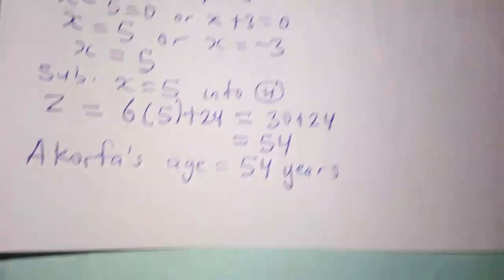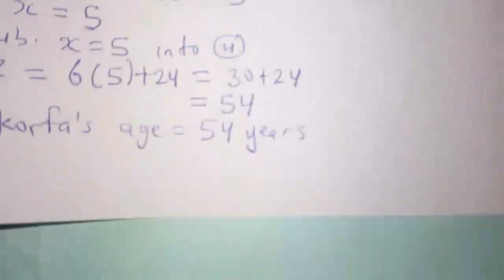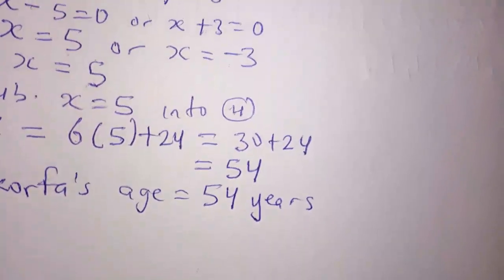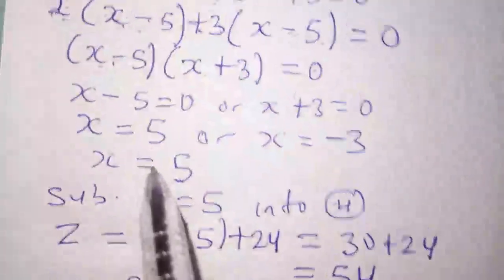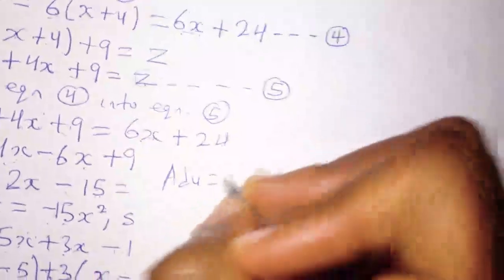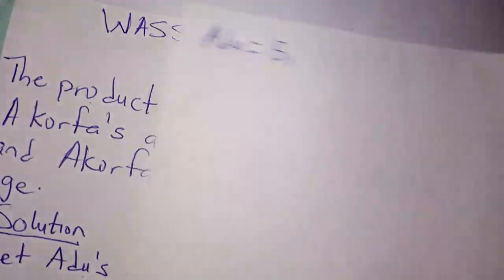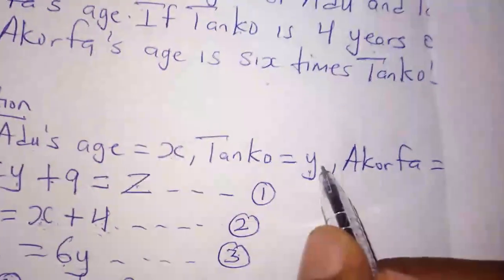And the good news about word problems is that you can confirm if what we did there is correct or not. How do we do that? Now I'm done with what I'm supposed to do here. Now let's quickly do a rough work. We already got that Adu's age now is 5. So Adu is 5. That's x. Then we said Tanko, which is y.